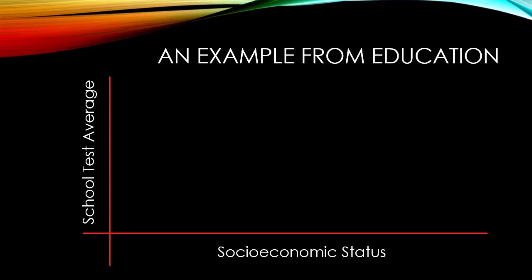Suppose we were to build a model that relates the average student standardized test score for some test to the socioeconomic status of the region. Our model would almost certainly reflect that higher test scores come from higher SES regions.